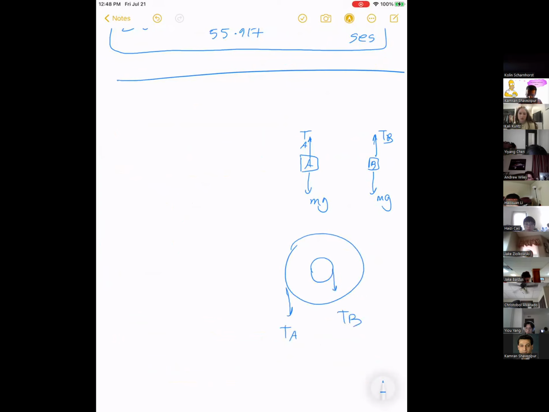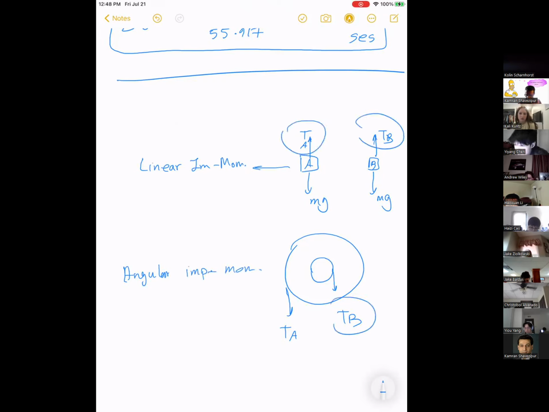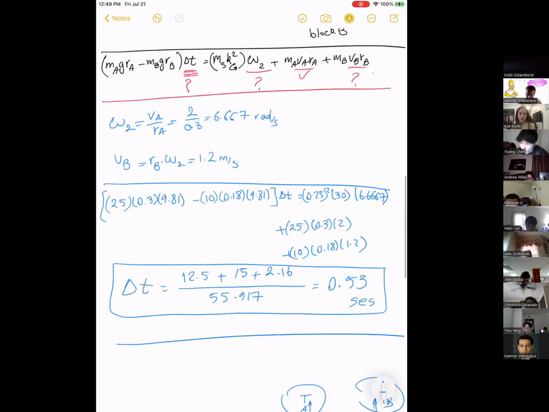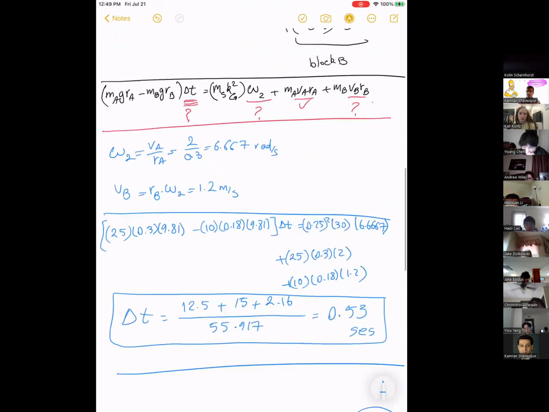And write linear impulse momentum for these guys, and angular impulse momentum for this guy. And then when you substitute T from here into here, you practically end up with the same equation. So you see, you get the principle of angular and linear momentum.